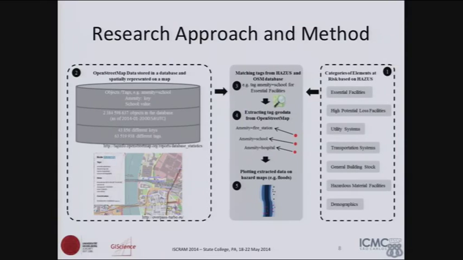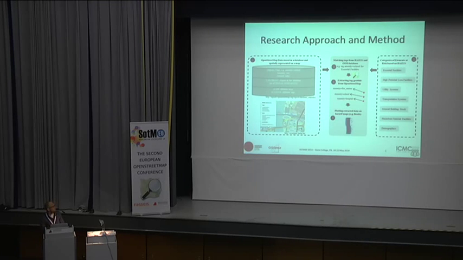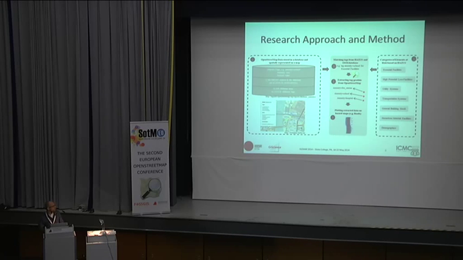In the first place, we used a framework developed by FEMA, the Federal Emergency Management Agency from the United States, called HAZUS. They defined different categories that I don't know if you in the back can read, but it's like essential facilities, high potential loss facilities, utility systems, transportation systems, general building stock, hazardous material facilities, and here demographics.